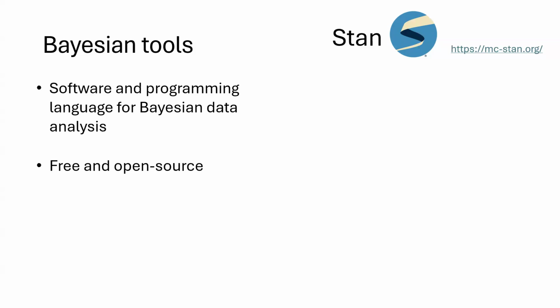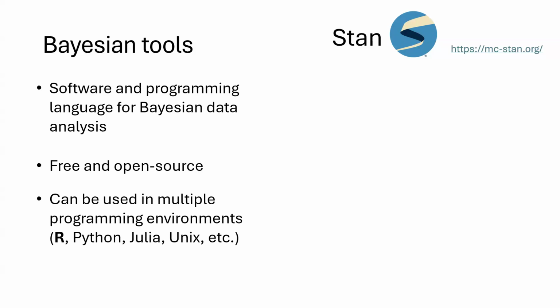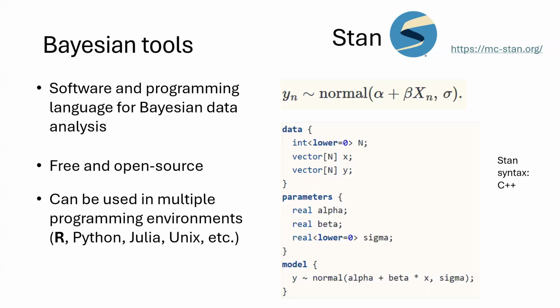Similar to R, it is free and open source and has a big community of developers and contributors. And it's very flexible, so it can be used in many different programming environments, including R, which is what we will be doing. So I wanted to briefly show a very simple example of a Stan model.